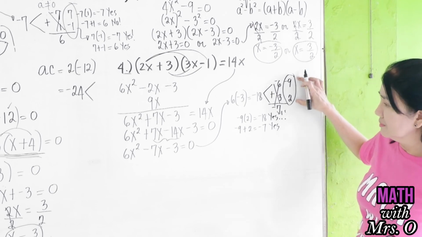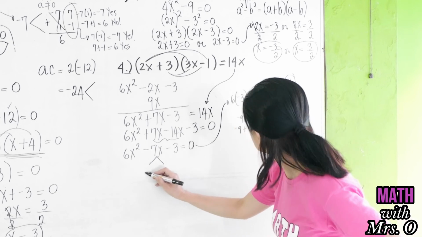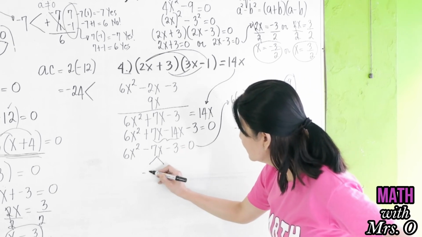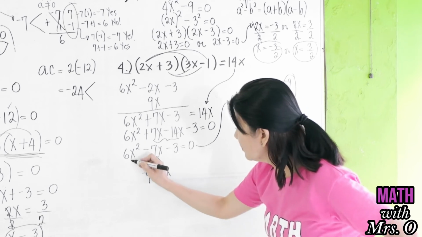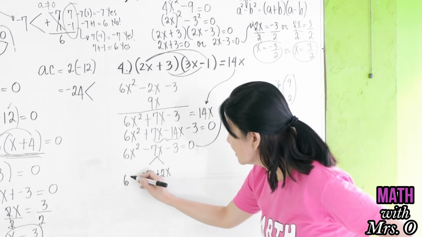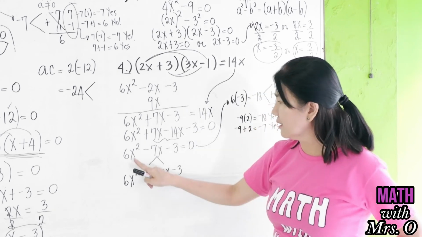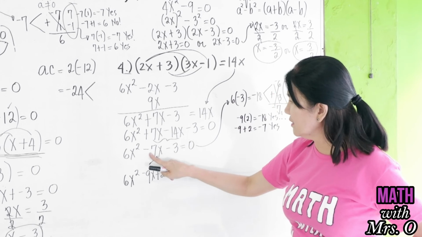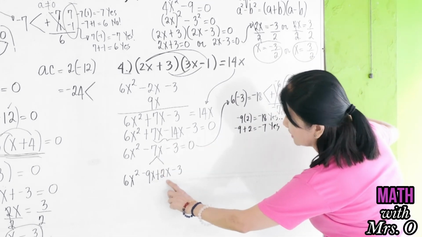So now, we rewrite the middle term, negative 7x, as negative 9x plus 2x. Copy 6x squared. Negative 7x is equal to negative 9x plus 2x.